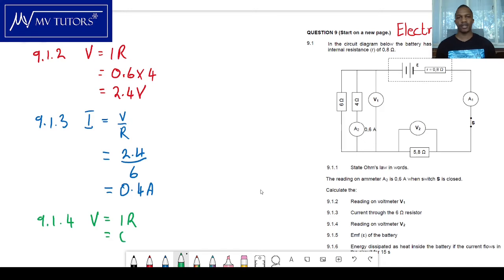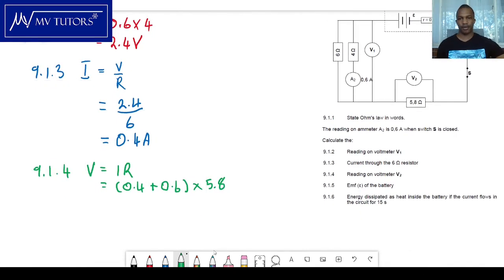The 6 ohm one will come out first, 0.4, the current we just calculated, and then it will be joined by this 0.6, the current coming from the 4 ohm resistor. So we have to add those currents, and as they reach here, we multiply the total current with the resistor of 5.8 that is given over there.